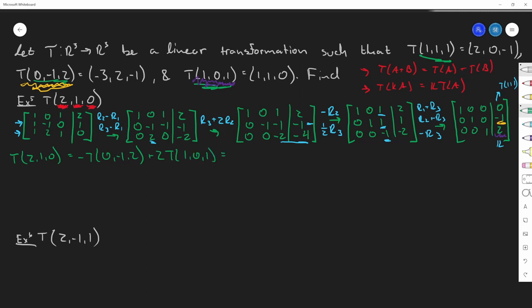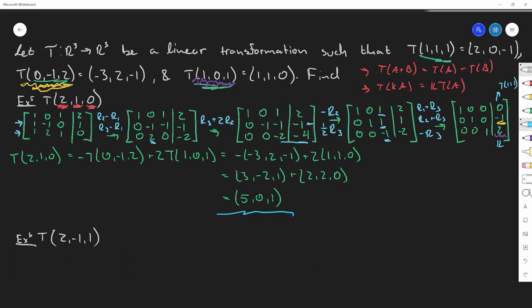Substitute those in, and we have -3 to -1 plus 2 times 110, and that is equal to 3 -2 1 plus 2 2 0, which will give us the final answer. 3 plus 2 is 5, 2 minus 2 is 0, and then 1 plus 0 is 1. And that is our final answer.